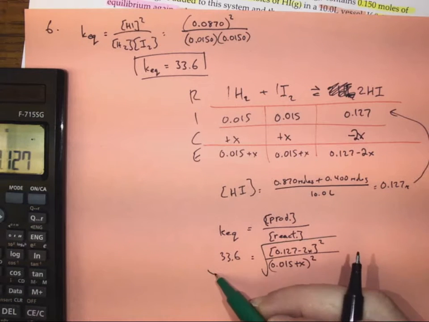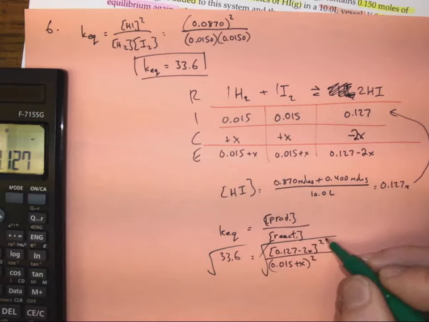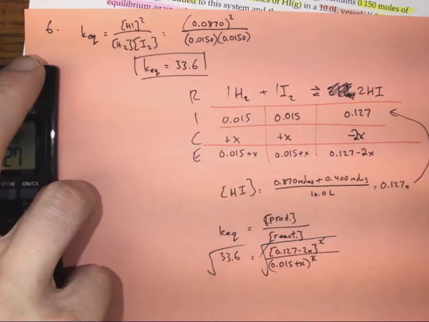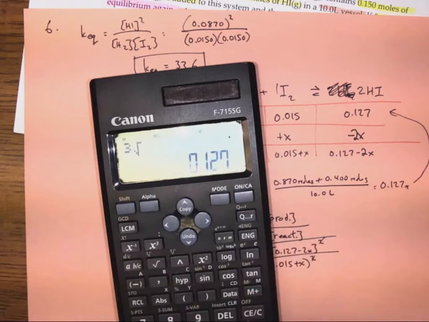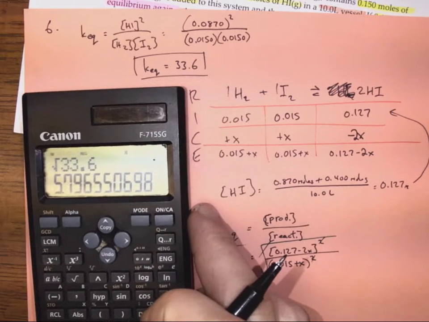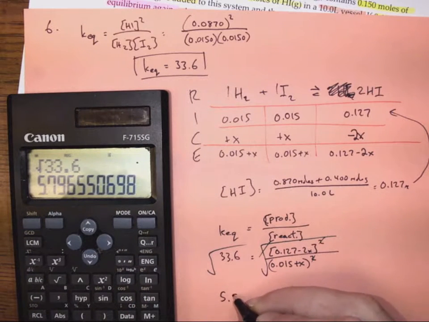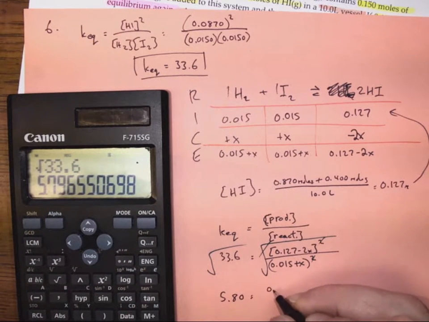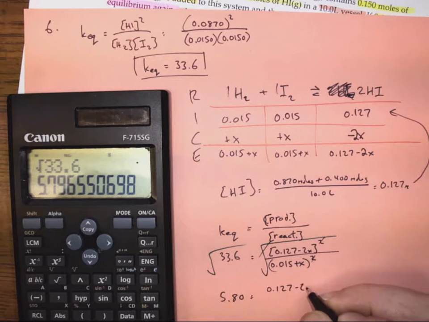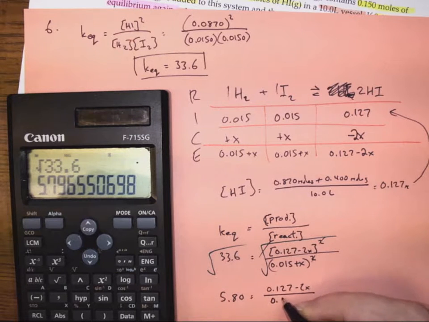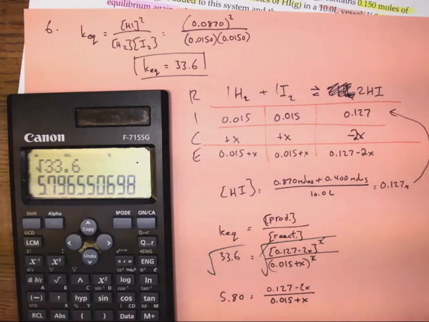And I can square root both sides. So the square root of 33.6, 5.80, equals 0.127 minus 2x over 0.015 plus x.